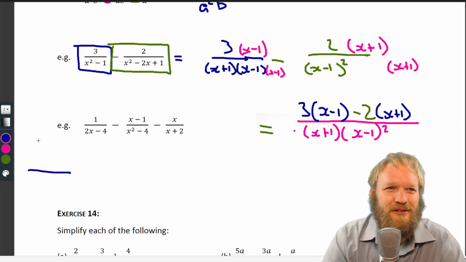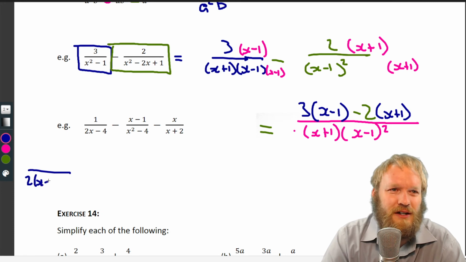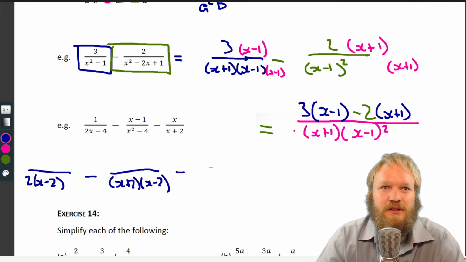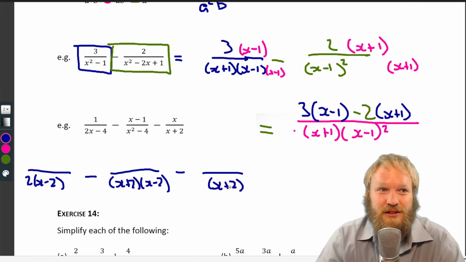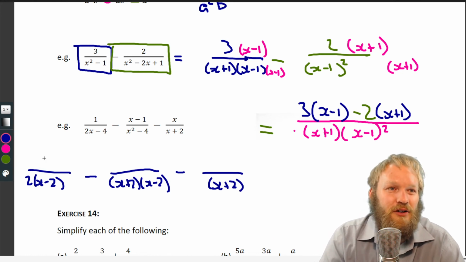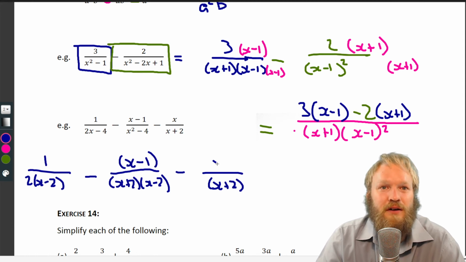Because maybe we've got 2x minus 2 minus, I'm just looking at the denominators, x plus 2, x minus 2 minus x plus 2. I'm a big fan of putting these into brackets so we can really make sure: 1, 2, 1, 2, 1, 2. Okay, and here we've got 1, x minus 1, x.